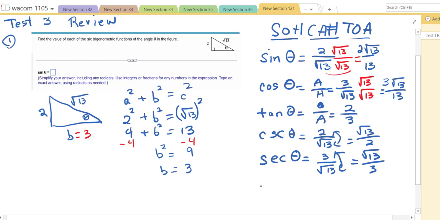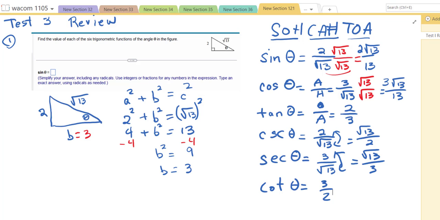And then we need cotangent of theta, and that will be 3 over 2. And you should be good with those. So it is a matter of memorizing. You had to do Pythagorean's theorem to finish your triangle, you had to know all these, and you had to know how to rationalize.